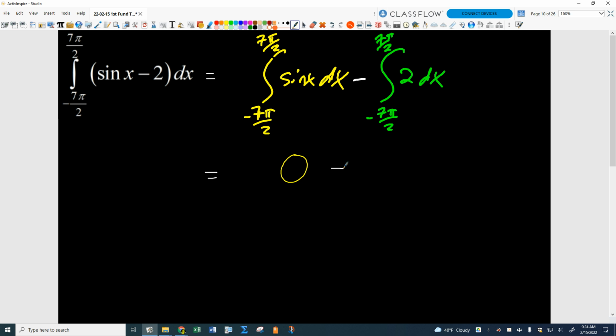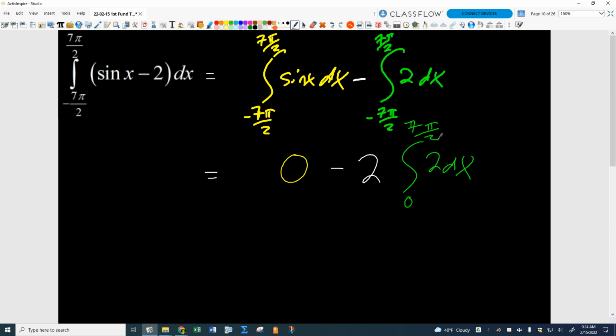Minus, here I've got an even function integrated over symmetric limits, so I could make this easier. I could make this 2 times the integral of 2 dx from 0 to 7 halves pi, right? And what's that going to give me?